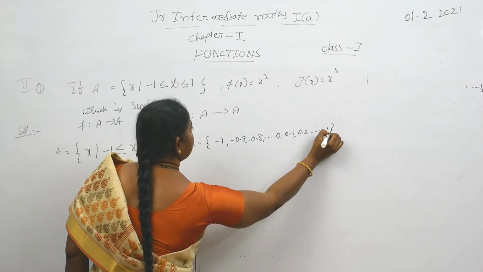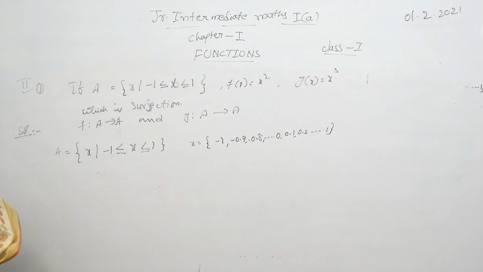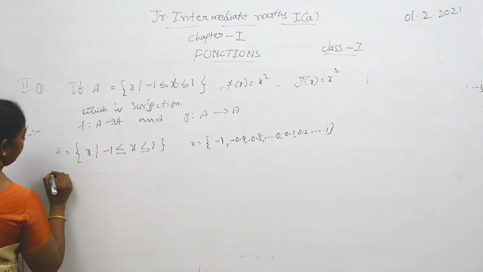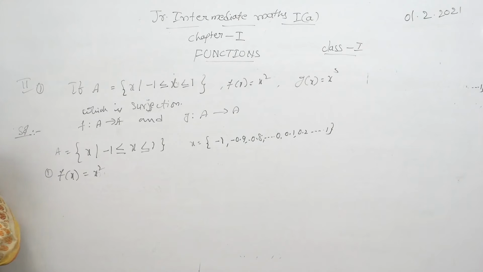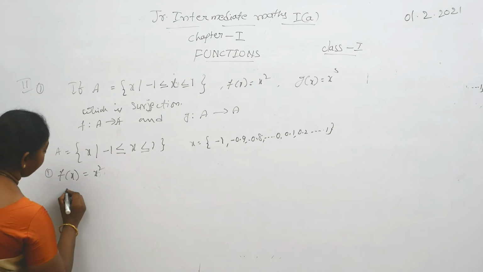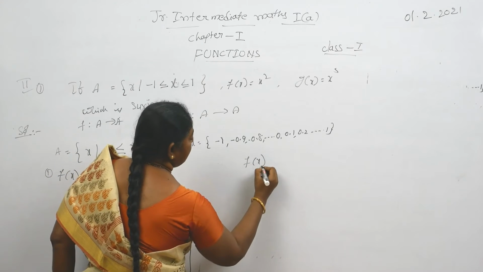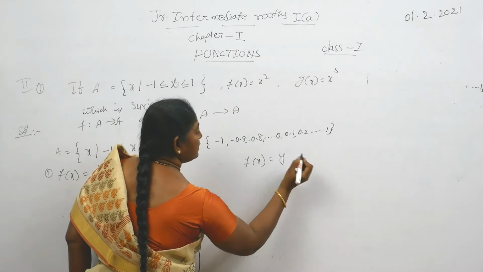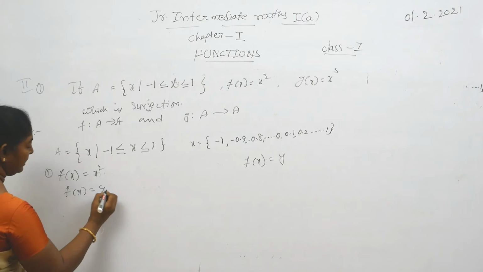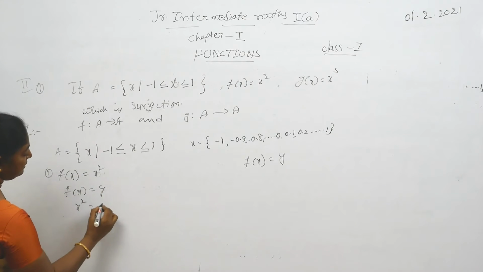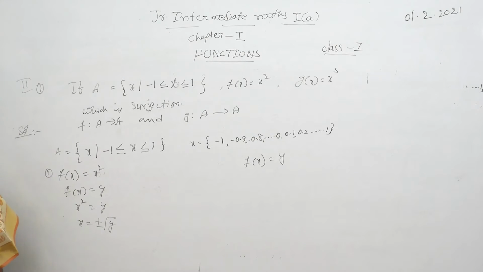First point, f of x equal to x square. Surjection means the range of f is equal to the codomain. So f of x equal to y, x square equal to y, so x equal to plus or minus root of y.